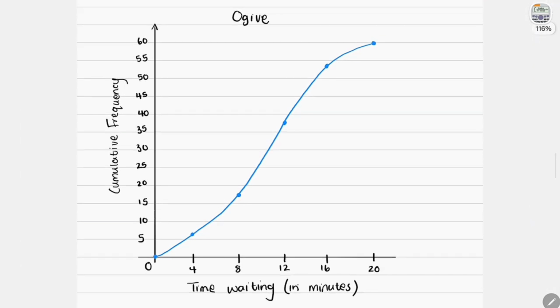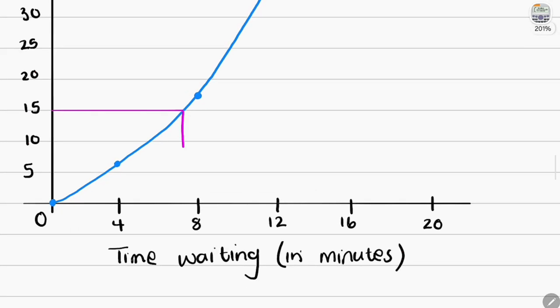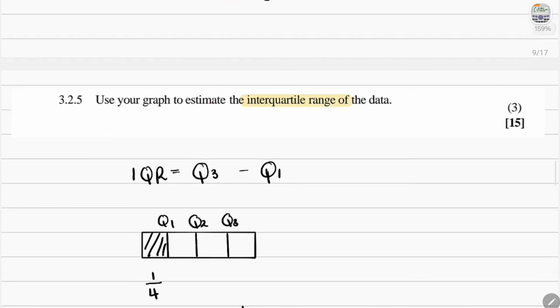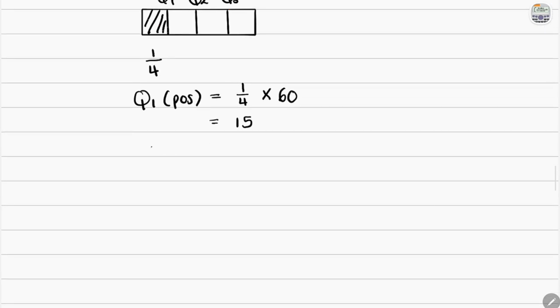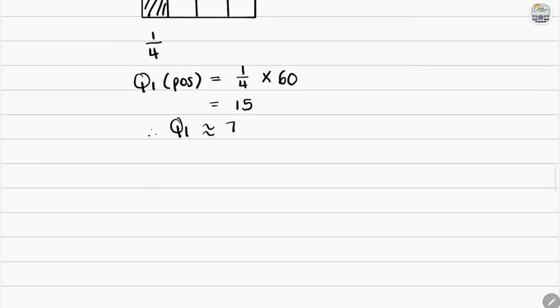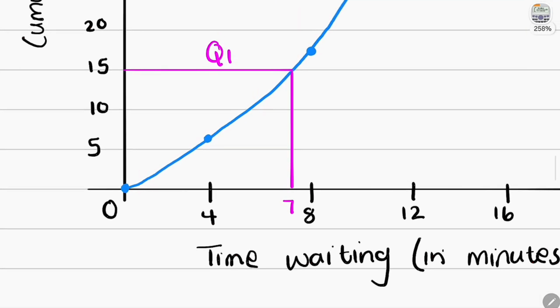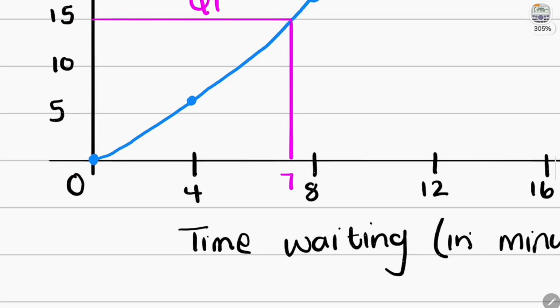So we'll go to learner number 15, and once you hit the ogive, you're going to go down. This looks like about 7. Q1 is about 7. So we can conclude the value of Q1 is about 7. Let's just check that. There is a range of answers that they will accept, but I'm just going to see it like this.